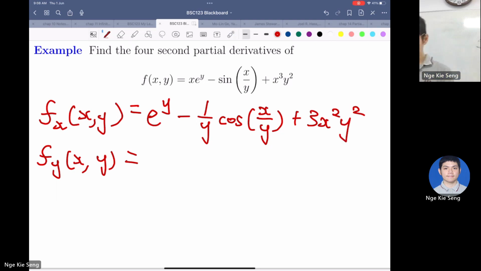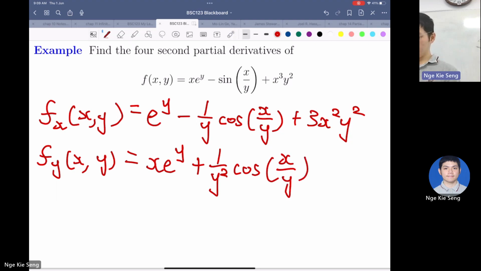How about with respect to y? You get x e^y, and then by the chain rule plus x over y squared cos of x over y plus 2 times x cubed y.